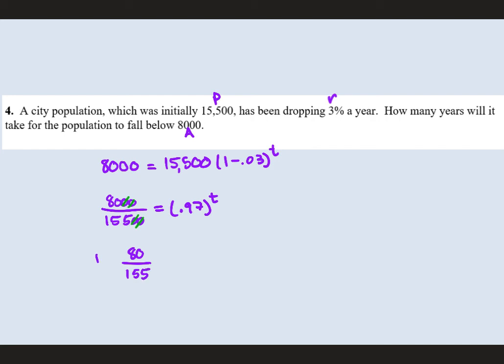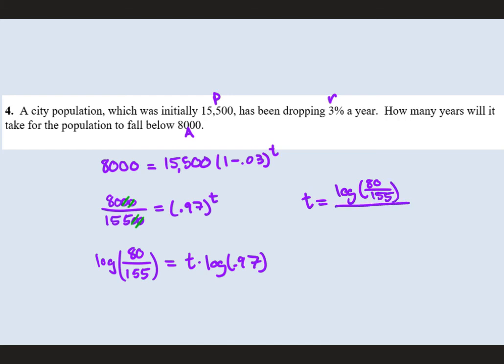I'm going to take the log of each side, so I go log of that equals t times the log of 0.97. So the reason I did that was so I can move my t down. I'm going to divide that log of 0.97 over, so I will get t equals the log of 80 over 155 over the log of 0.97.